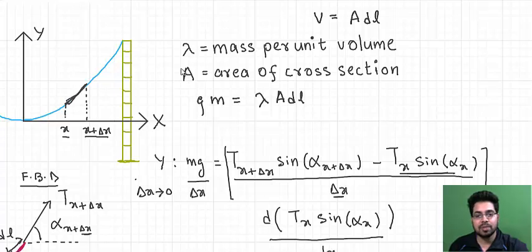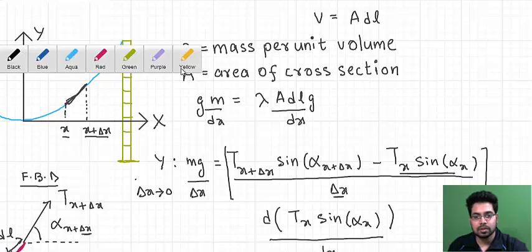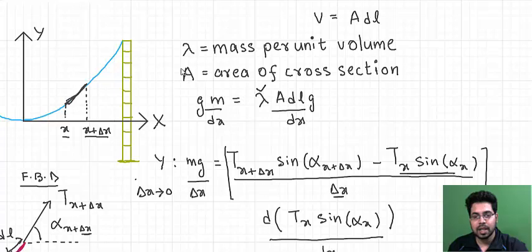If I multiply g both sides, this is my force mg, and if I divide both sides by dx, this lambda A into g is going to be constant.